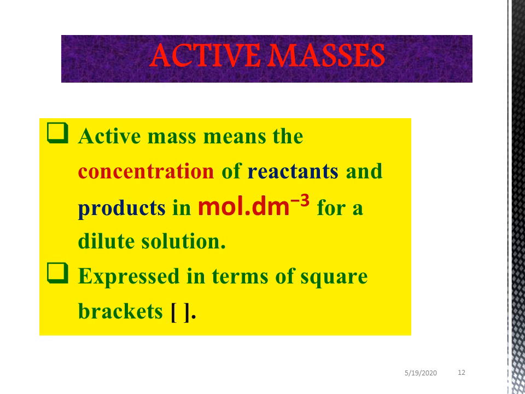So if we are making a salt or sugar solution, how many moles of salt or sugar we are taking to make that dilute solution will be in moles per decimeter cube, and these active masses will be expressed in square brackets. These square brackets show the active masses of any reactant or product, and in the middle of these brackets we will put the reactants or the products.